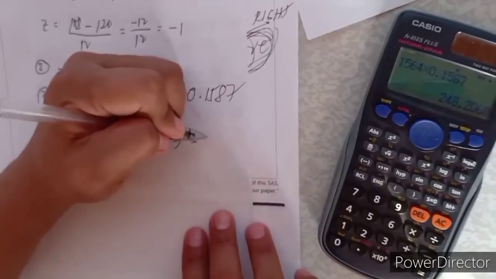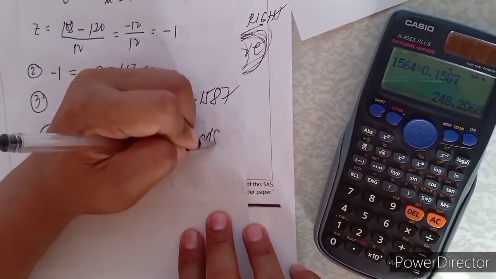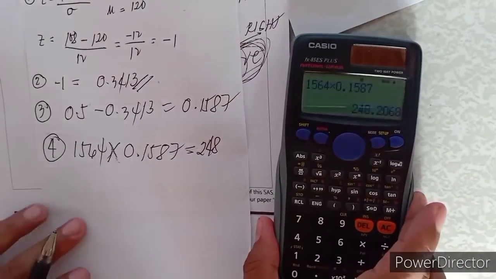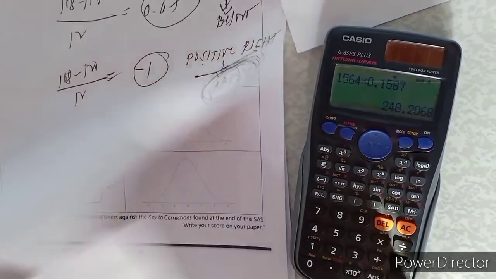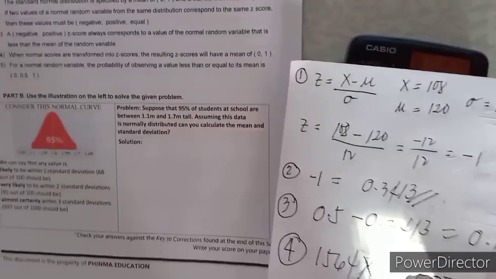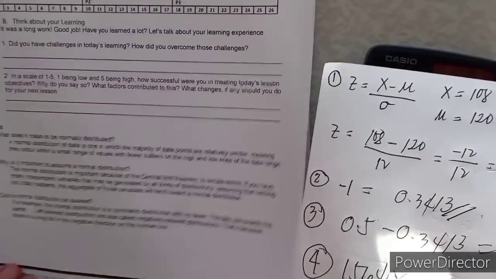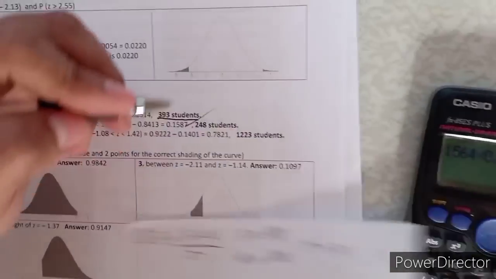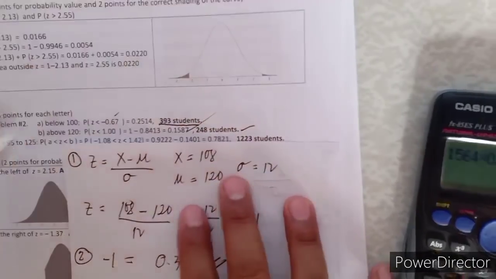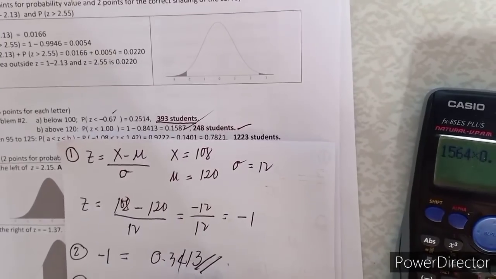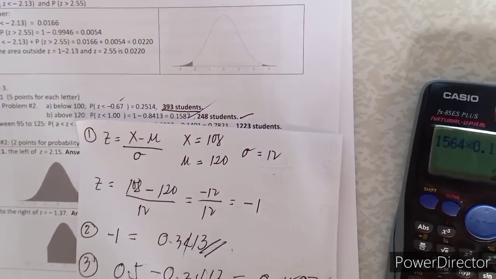So we have now 248 students. Tama kaya tayo, Ma'am Tintin? Tingnan natin. Sana magtama po ito. Okay, so tama po siya. 248 students, pareho lamang po ng ating answer key.